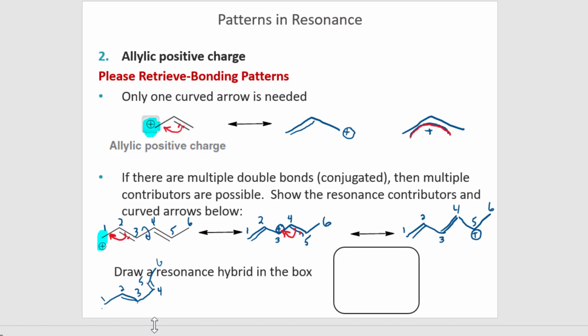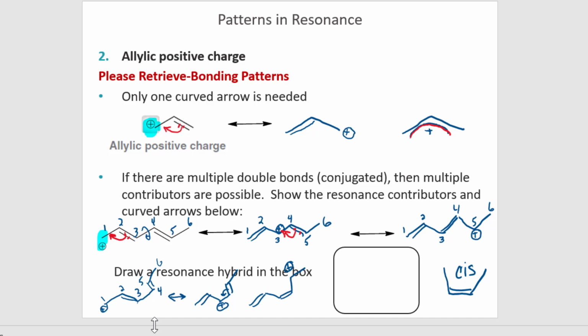And now, when you shift over, and then you shift again, what you're seeing is changing of the double bonds. The double bonds are not trans or opposed to one another anymore. You're starting to get cis double bonds.